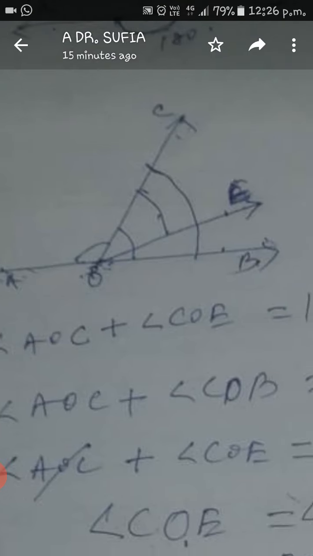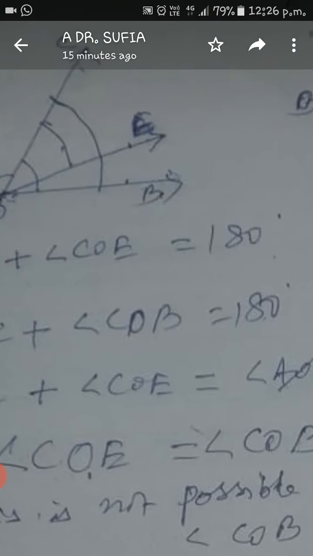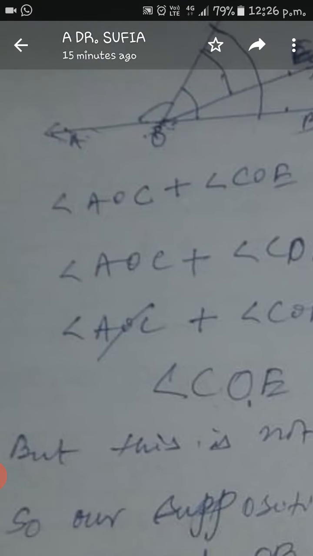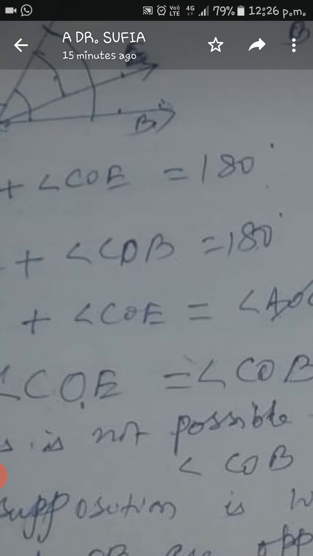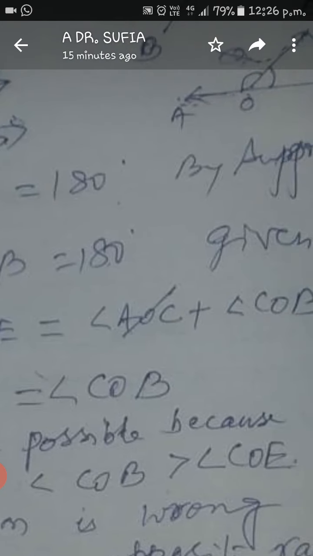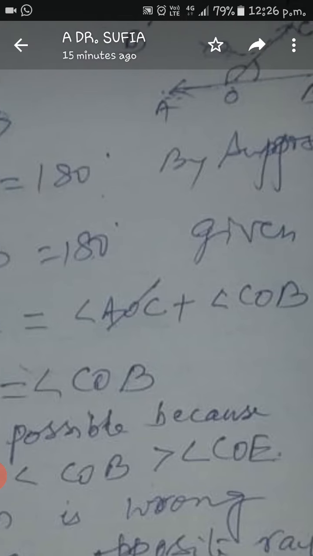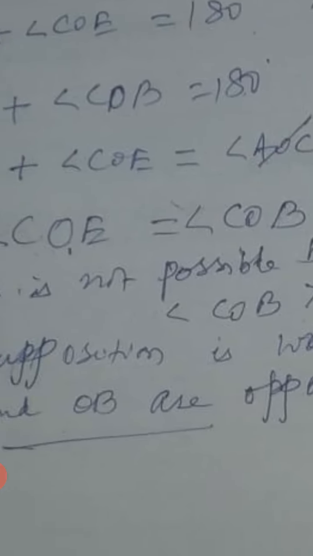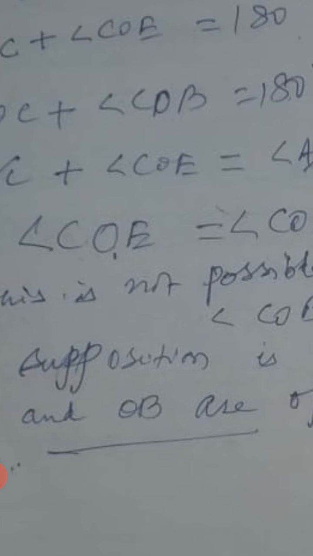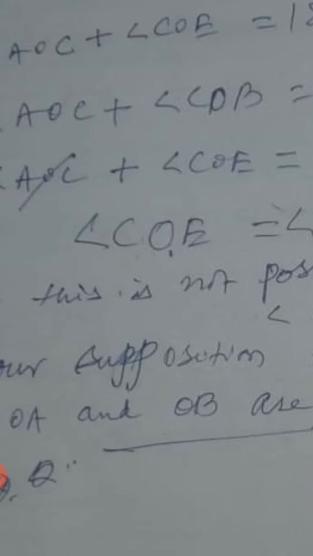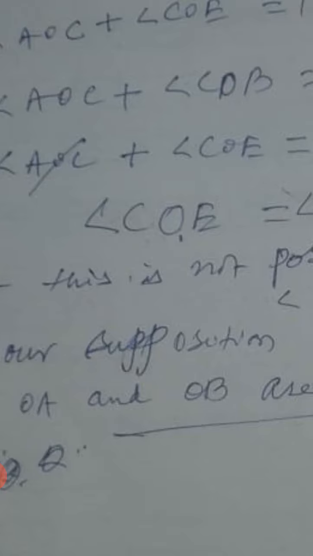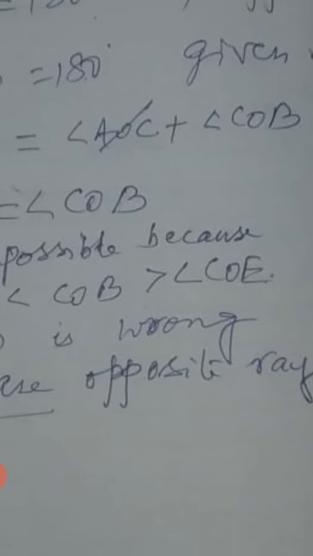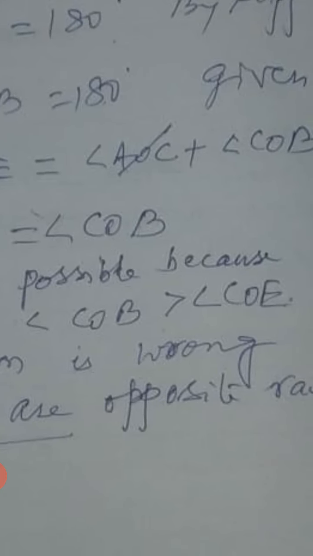Angle AOC plus angle COB is 180 degrees. So angle AOC plus angle COE is equal to angle AOC plus angle COB. Cancelling AOC on both sides, angle COE is equal to angle COB. But this is not possible because angle COB is greater than angle COE.